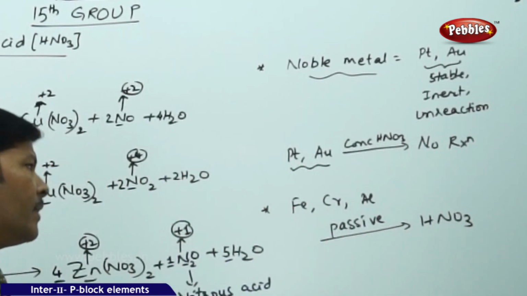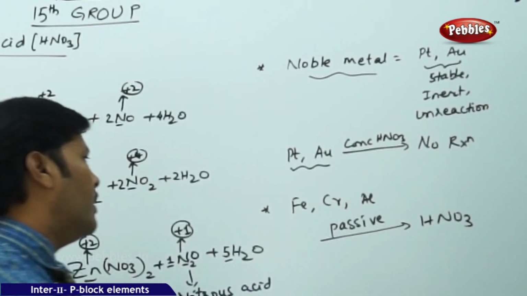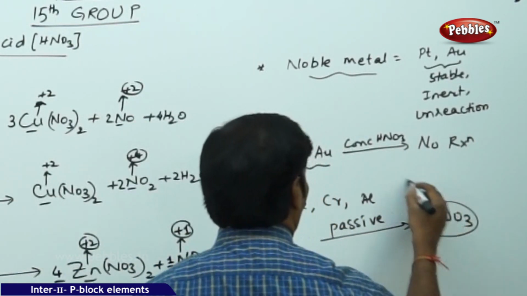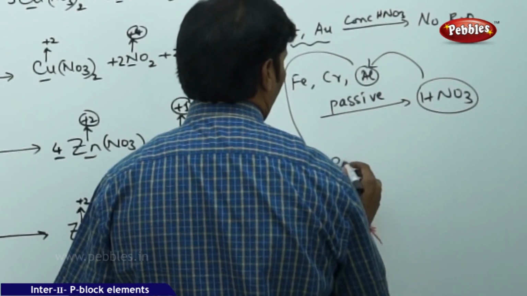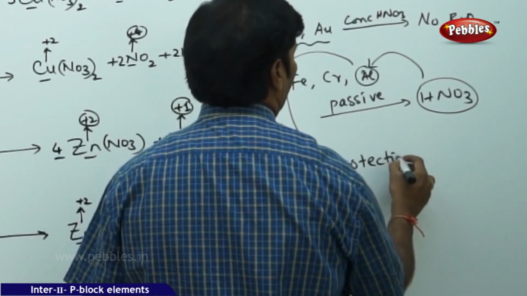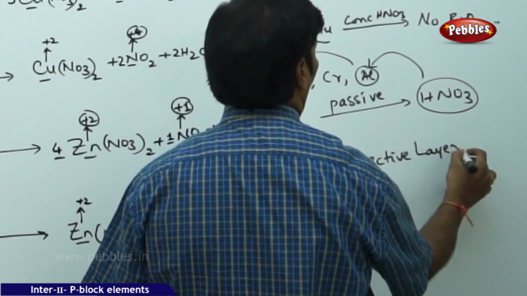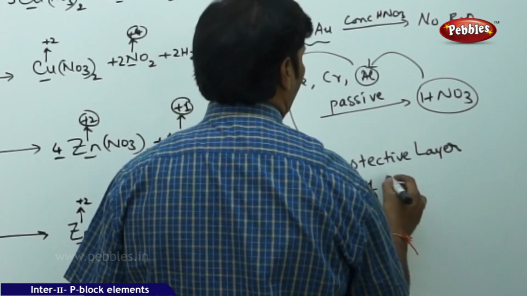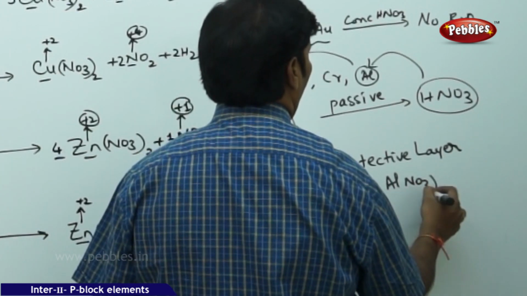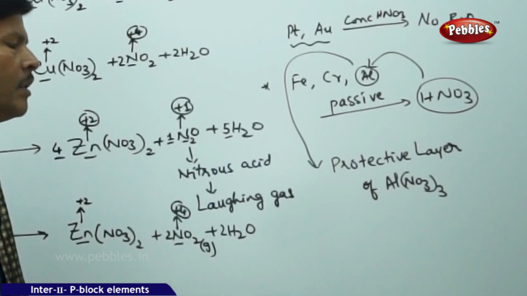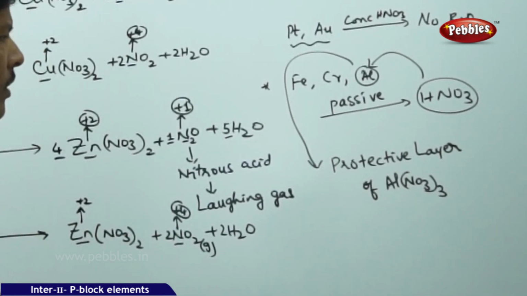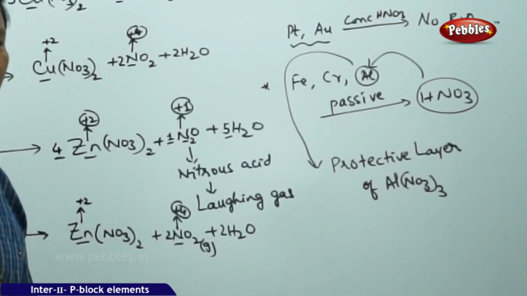Initially, when nitric acid is treated with, for example, aluminium, the aluminium forms a protective layer of aluminium nitrate. Once it forms the aluminium nitrate, with any more addition of nitric acid into the aluminium cylinders, you find that there is no reaction of nitric acid on the aluminium, so it becomes a protective layer. This is called passivity.